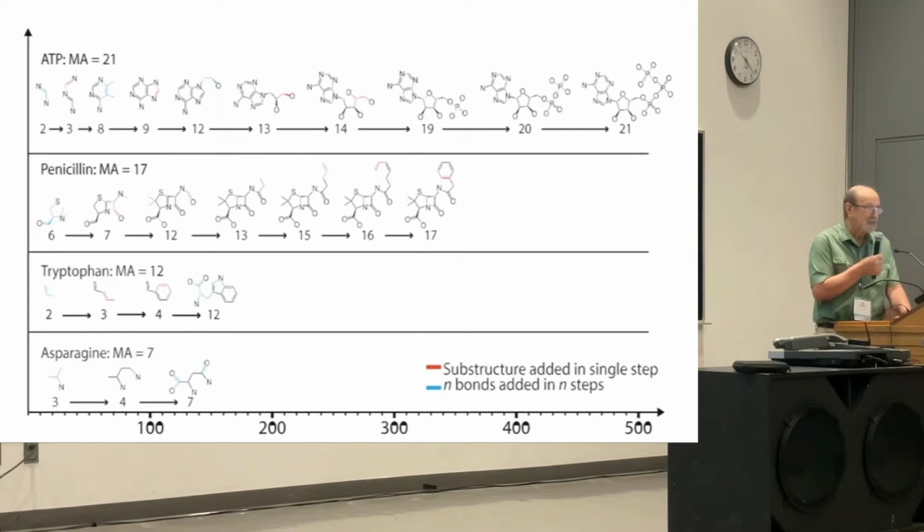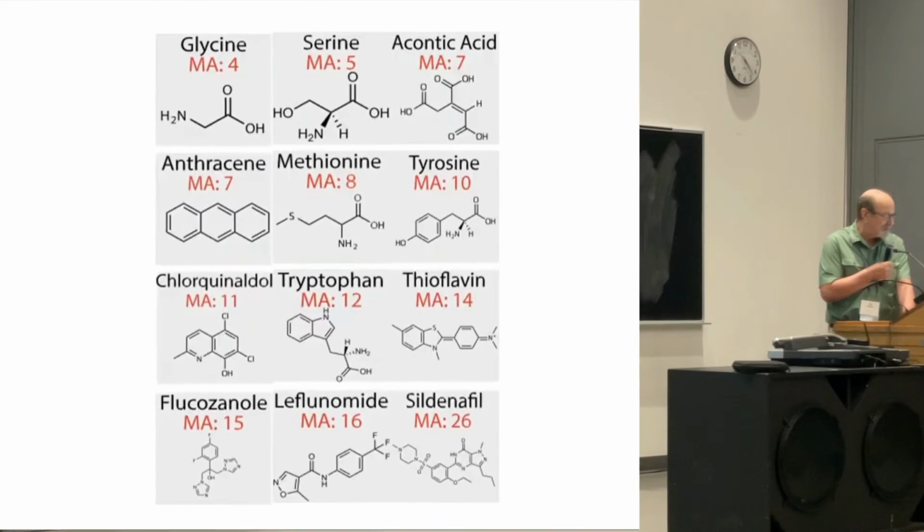And I'm not going to discuss the theory at all. And for some other examples, penicillin, which is a complicated structure, has an MA of 17. The amino acid tryptophan is 12, and the amino acid asparagine is only 7. And this is not simply the number of bonds. It's much more complicated than that, but it does work out pretty well.